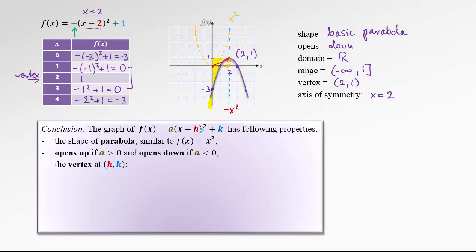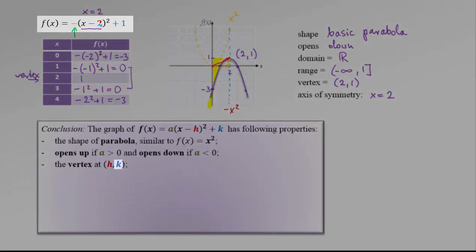Both h and k can be positive or negative, but keep in mind that the formula accommodates for this change in signs by using the minus inside the bracket. Let's see the example again. The vertex has coordinates (2, 1), not (negative 2, 1). Therefore, we take the opposite number to whatever we see inside the bracket and exactly the same number that we see outside of the bracket.